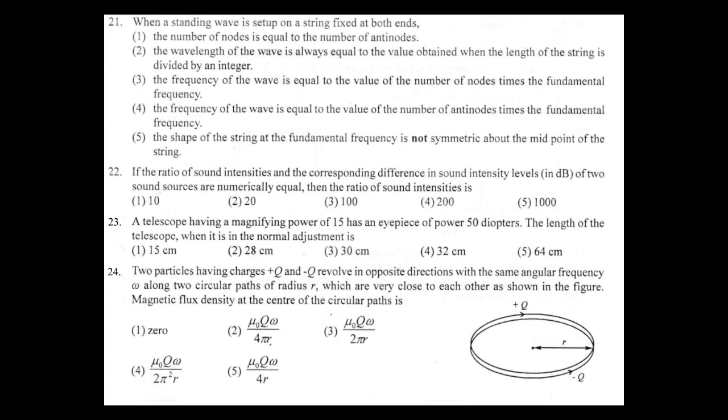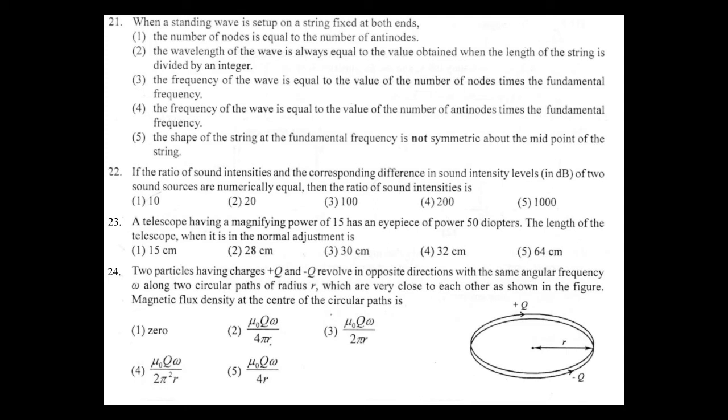So FE equals 1 over 50. You get FE equal to 0.02 meters, that is 2 centimeters. Then the magnifying power of the telescope is 15, that is FO over FE is 15.